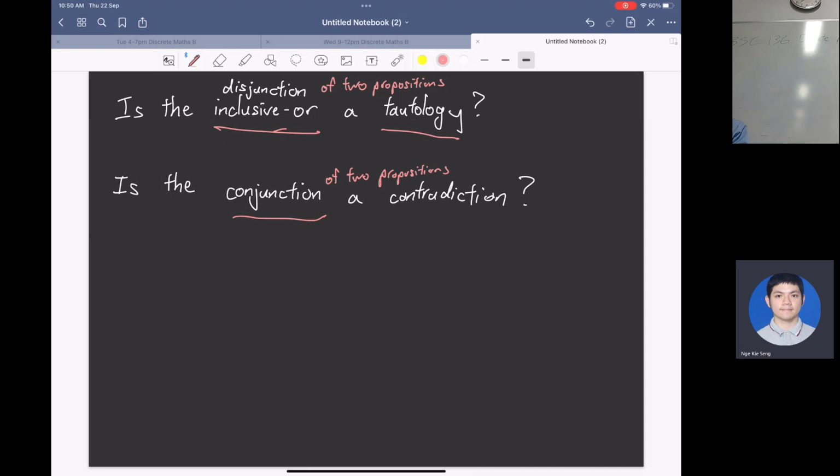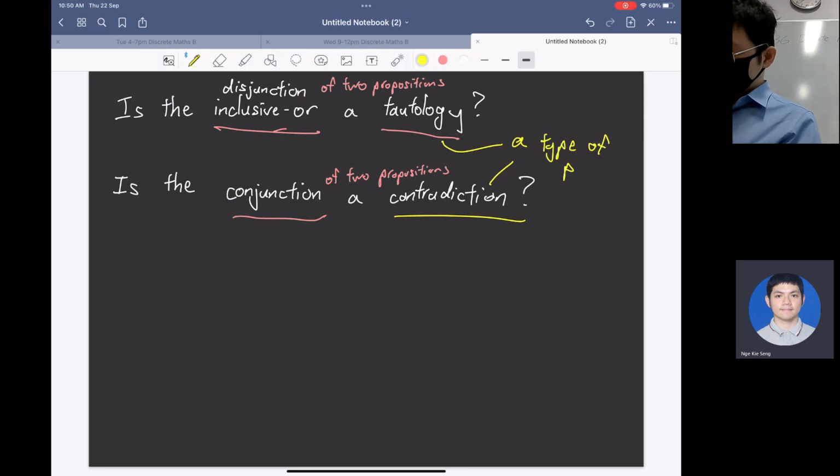Then you can ask whether these propositions are tautology or contradiction. Do you get what I mean? Because both tautology and contradiction are a type of proposition. Their nature is a proposition. So you need to put two propositions together to say whether they're the same or not.